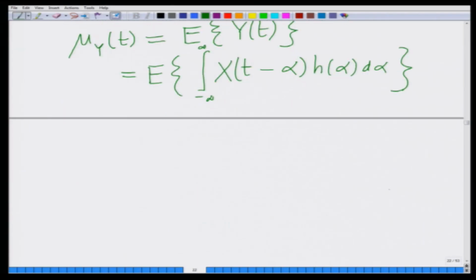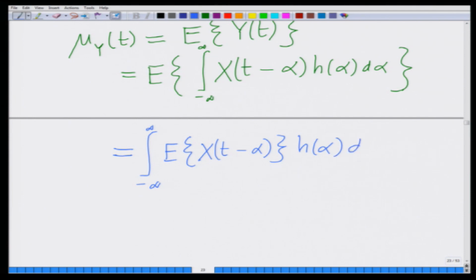Since the expectation operator is linear, I can move the expectation operator inside this integral. So, this becomes the integral of the expected value of x of t minus alpha, times h of alpha, d alpha. Now, remember that x of t is wide-sense stationary.